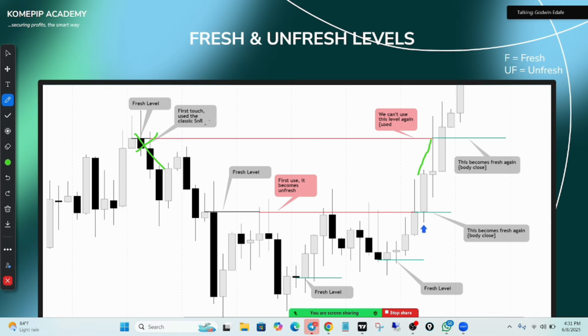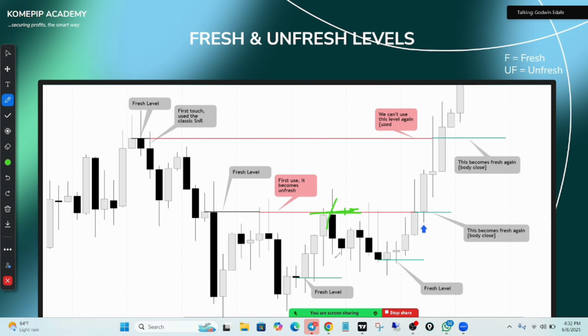Why? Because it is now unfresh. The same example here: A-shape, fresh level. This was the first use, so it becomes unfresh. It kind of played out here, but we're not interested in this.